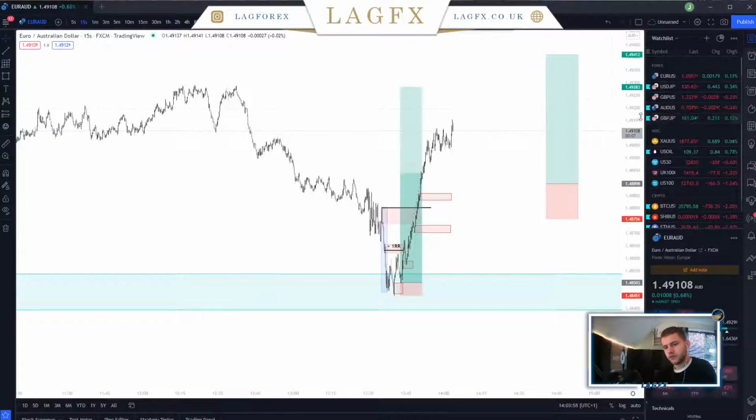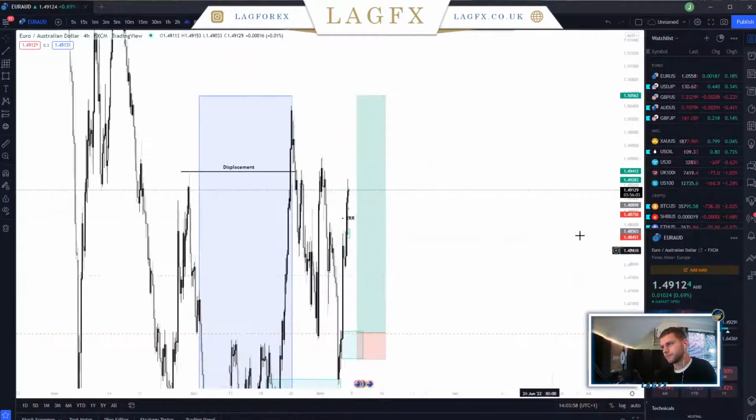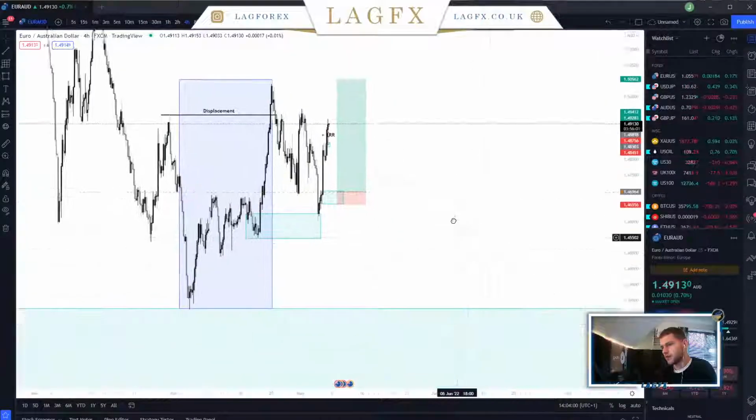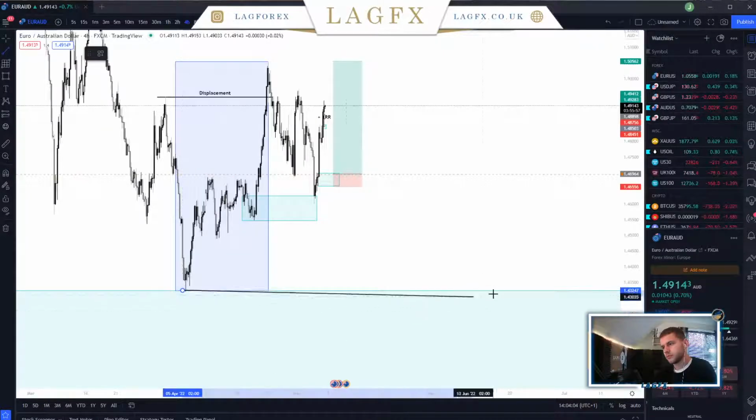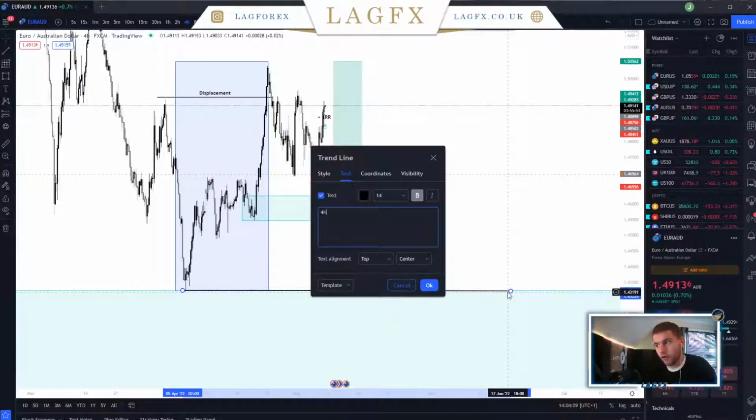What would I need to see to be broken to go bearish? I would have to see this low get broken to go bearish. So let's just highlight this as 4 hour protected low.